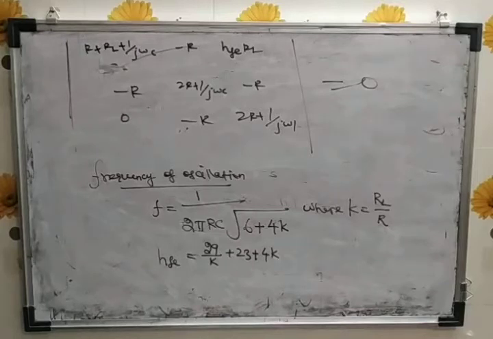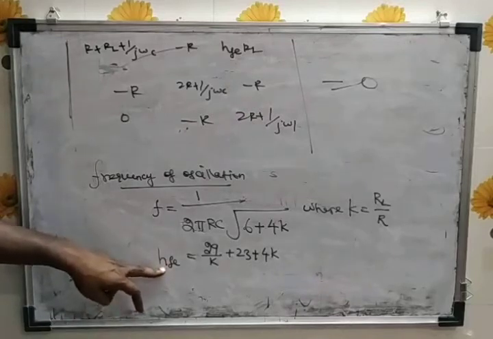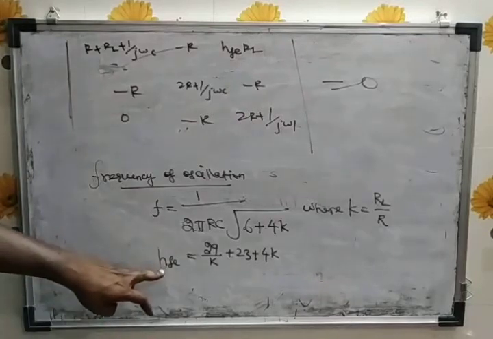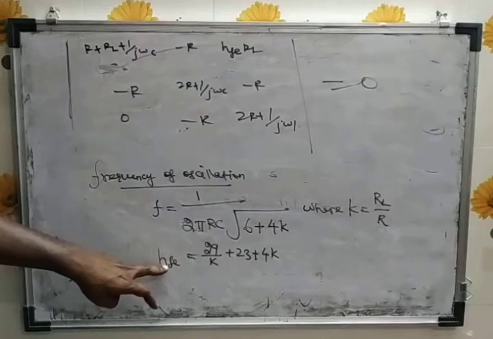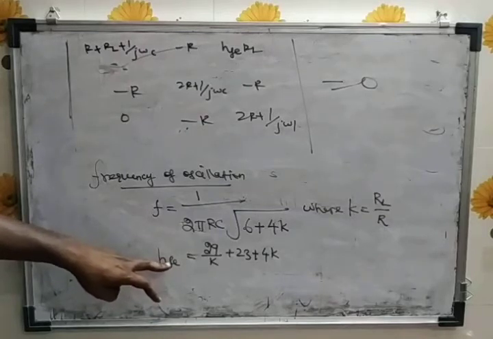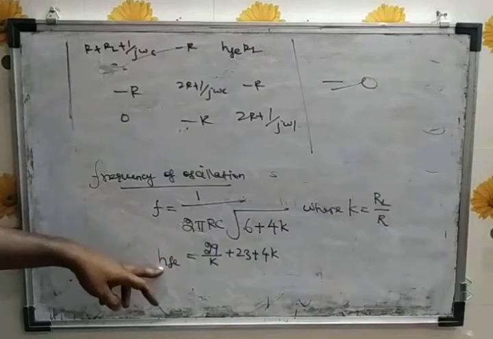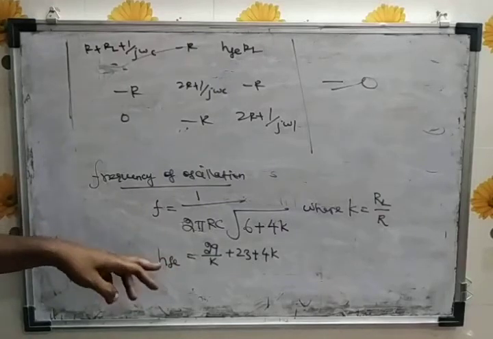To get the minimum value of HFE for sustained oscillation, differentiate this HFE with respect to K and equate to 0.